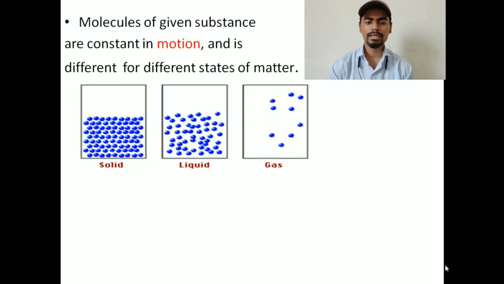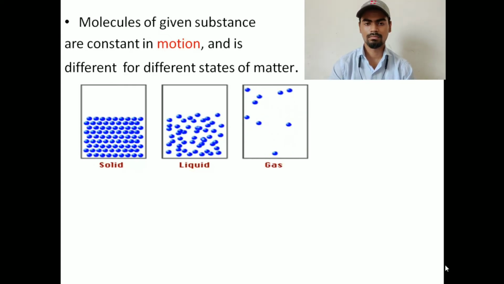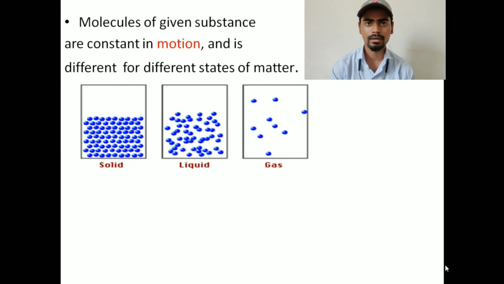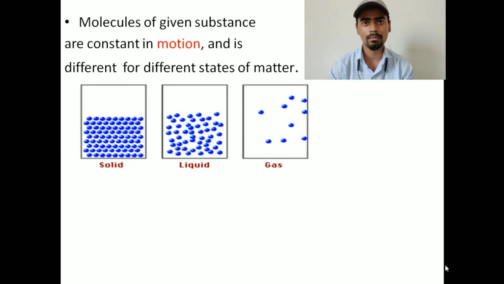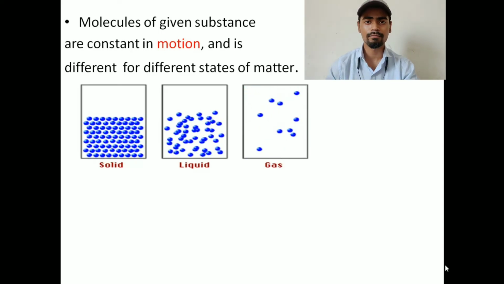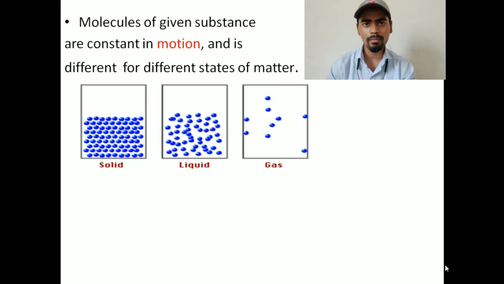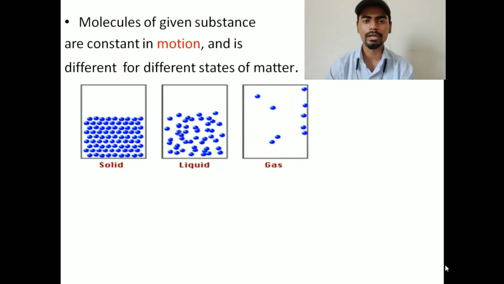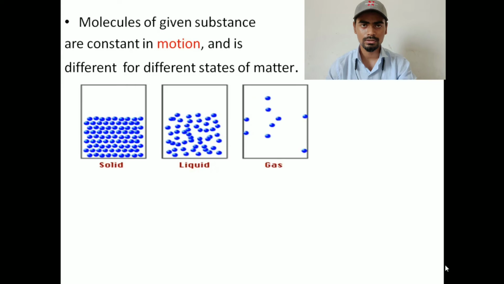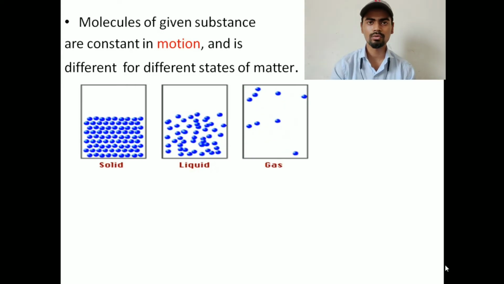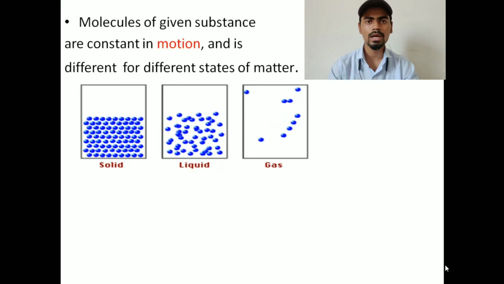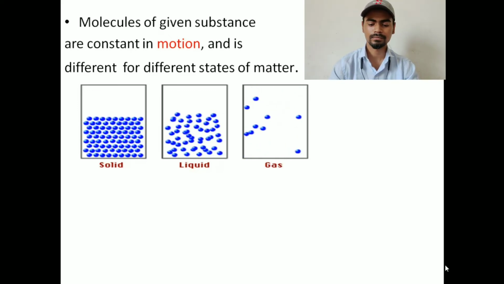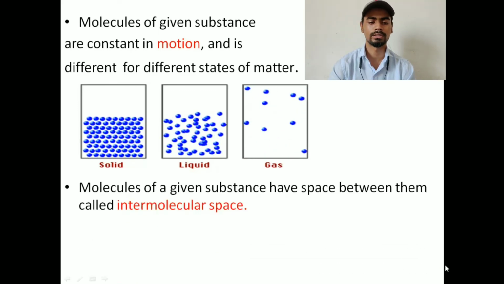In all 3 cases there is motion of the molecules, but it is totally different in each case. In a solid the motion is very little, in a liquid it is comparatively more than in a solid, and in a gas the motion of the molecules is the highest. So that is the fourth point.